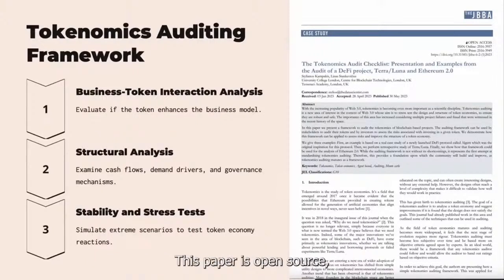This paper is open source, so you can just Google this title and you can find it online and read it. In this paper, I elaborate in more depth on all those aspects, such as the business token interaction analysis, structural analysis, stability and stress tests, as well as presenting a checklist that the project has to go through in order to make sure that the tokenomics are properly audited.